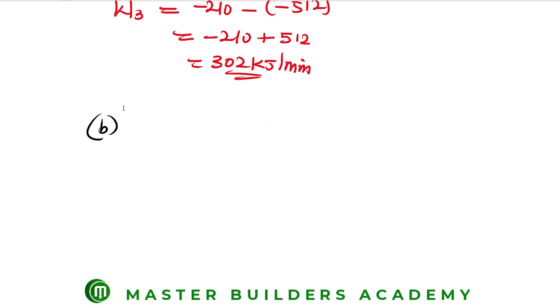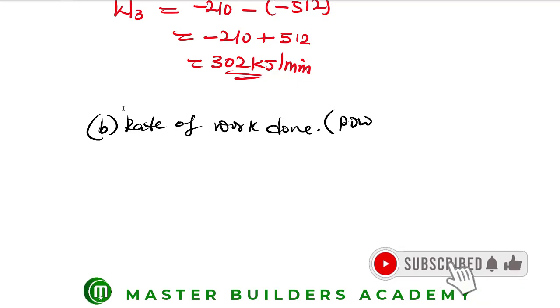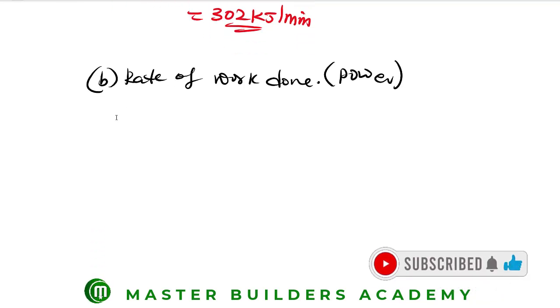So this is the B part, and we are asked to find the rate of work done, which is actually power. Like I just mentioned, to obtain the rate of work done, we are going to sum up all the heats.